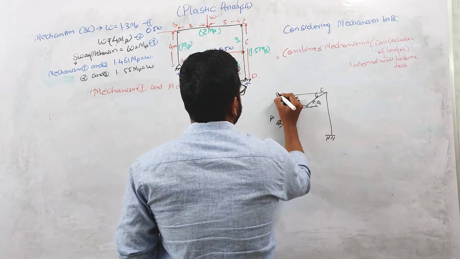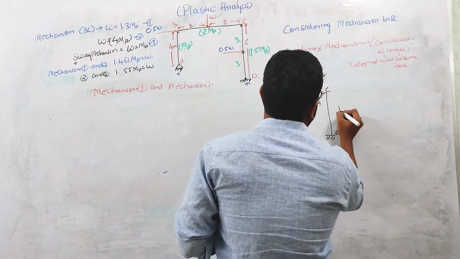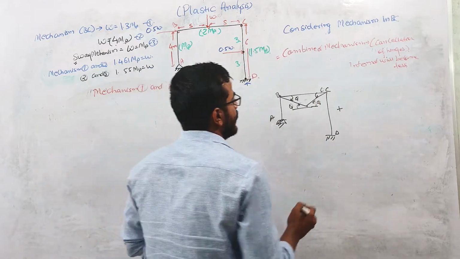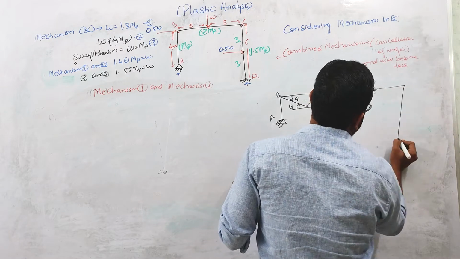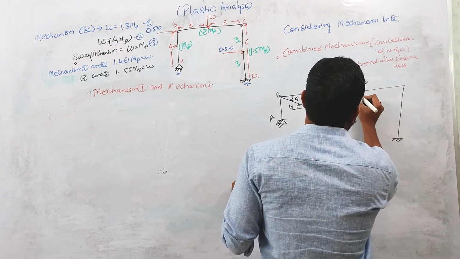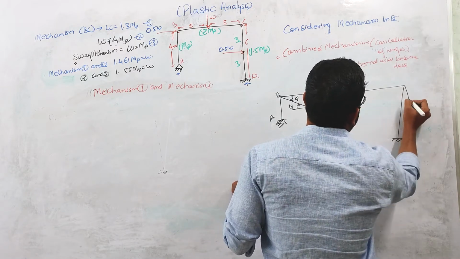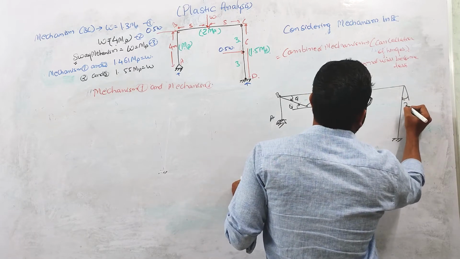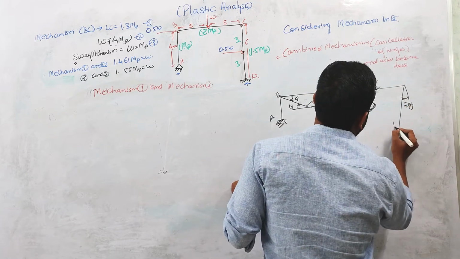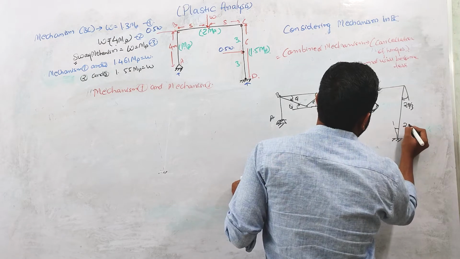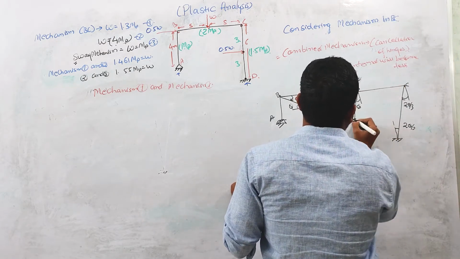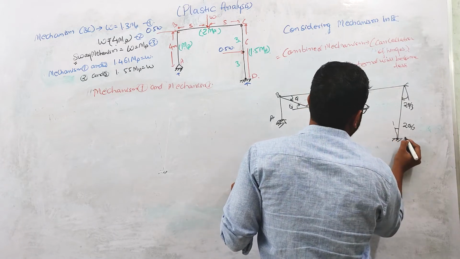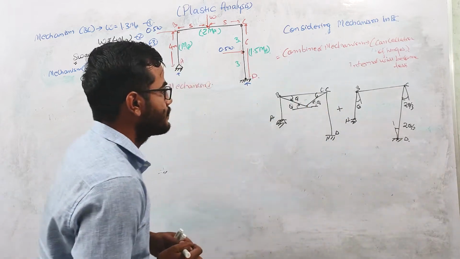This is A, this is B, this is C, this is D. And if you combine it with the sway mechanism, the sway mechanism deformations were looking like this. This is theta, this is 2 theta by 3, this is 2 theta by 3, this is C point, this is B point, this is A point, and this is D point, right?